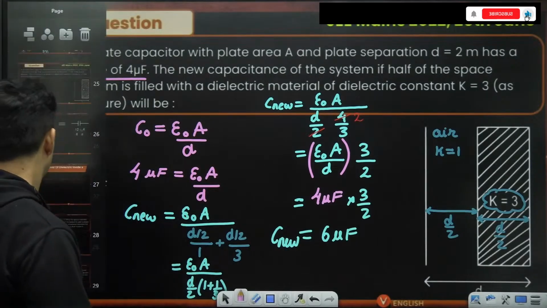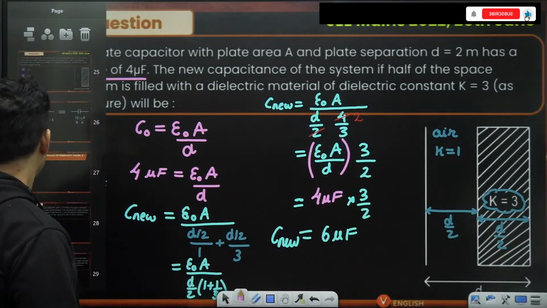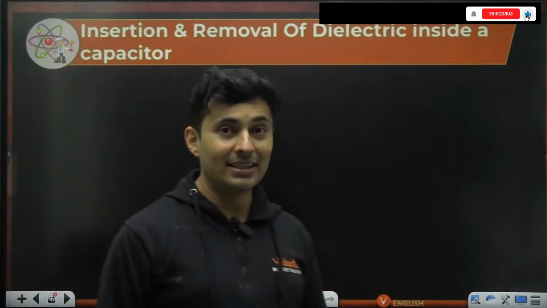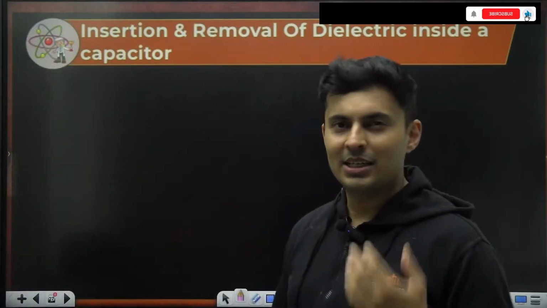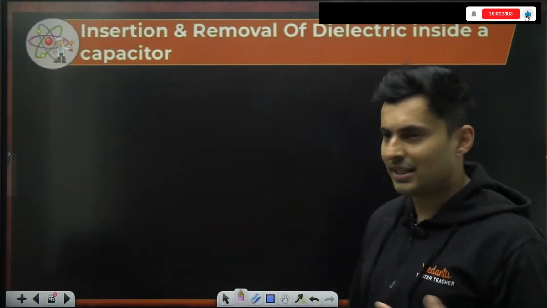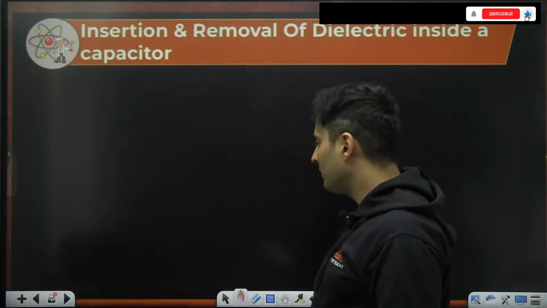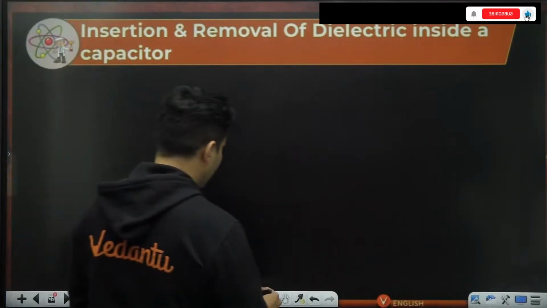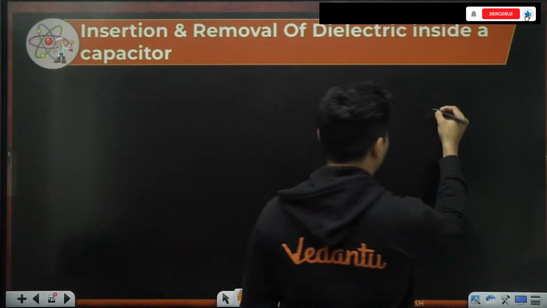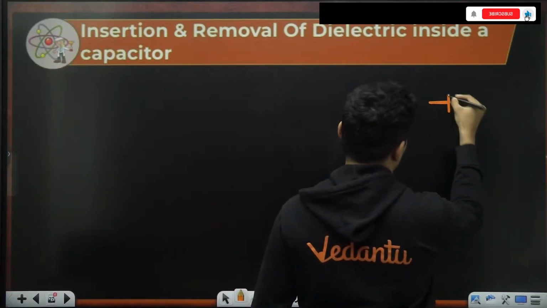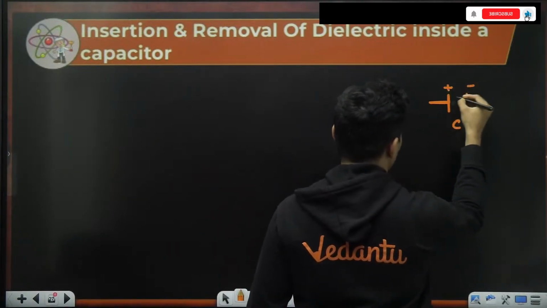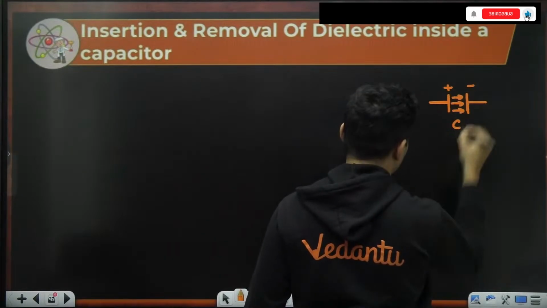Correct. Okay. Now, what happens when you take a dielectric and place it inside, or remove it outside? There are a couple of things that can happen, obviously, and we will see all the different variations. So imagine we have a capacitor whose capacitance is C, some charge is stored, and there is some electric field between the plates.